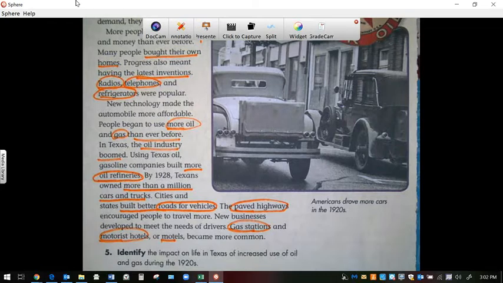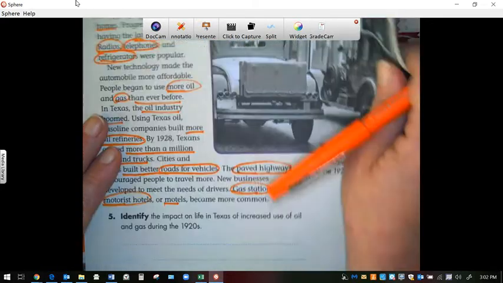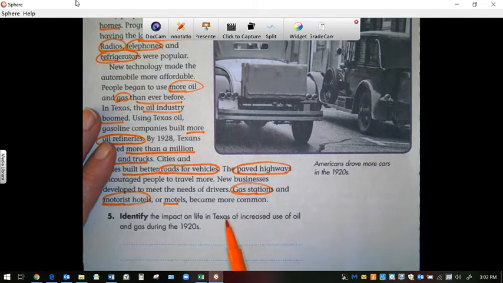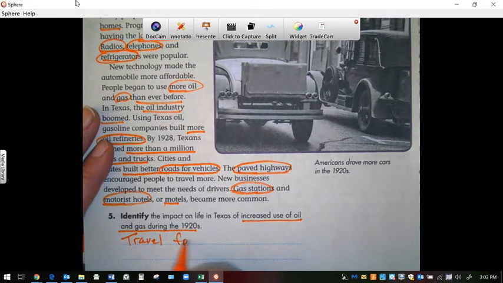All right, so it says identify the impact on life in Texas of increased use of oil and gas during the 1920s. So what did it mean by them having more oil and gas? They could travel for business.